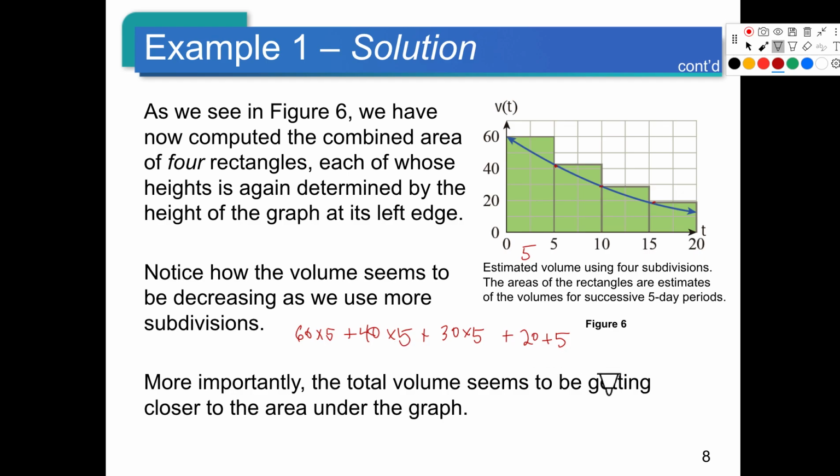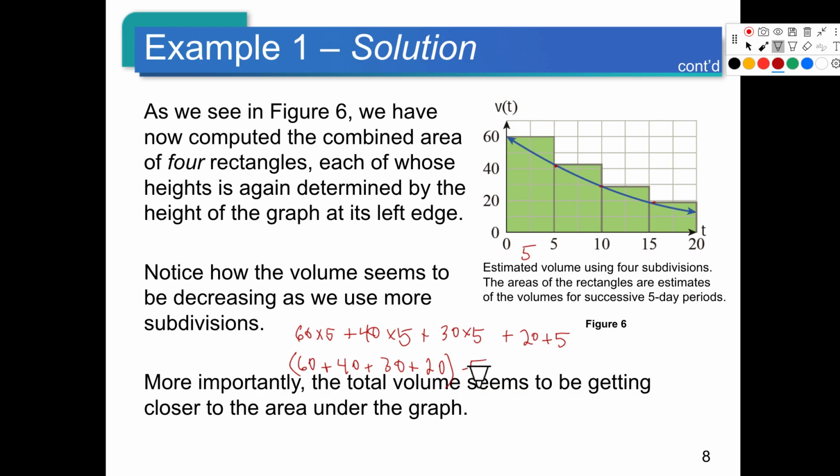We have 4 areas. Now, one of the things that's going to be cool that you'll see when we actually go to calculate this is that the bases are all going to be the same because we're taking that area, dividing it evenly into 4 regions, 5 regions, whatever. So these will all be the same. So another way you could do this is just add all the numbers together so you don't have to keep multiplying, and then multiply by 5 at the end.